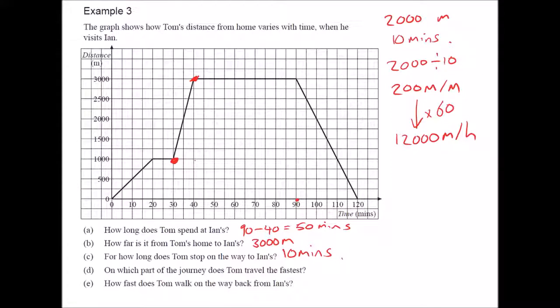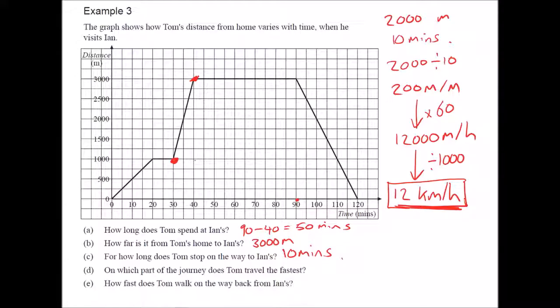And now I'm in hours, I want to convert to kilometers. I'll divide by 1,000, and then we're going to be in kilometers per hour. So if I do that, we'll be at 12 kilometers per hour. So there we go. That is the fastest pace that Tom walked on that second phase of the journey.